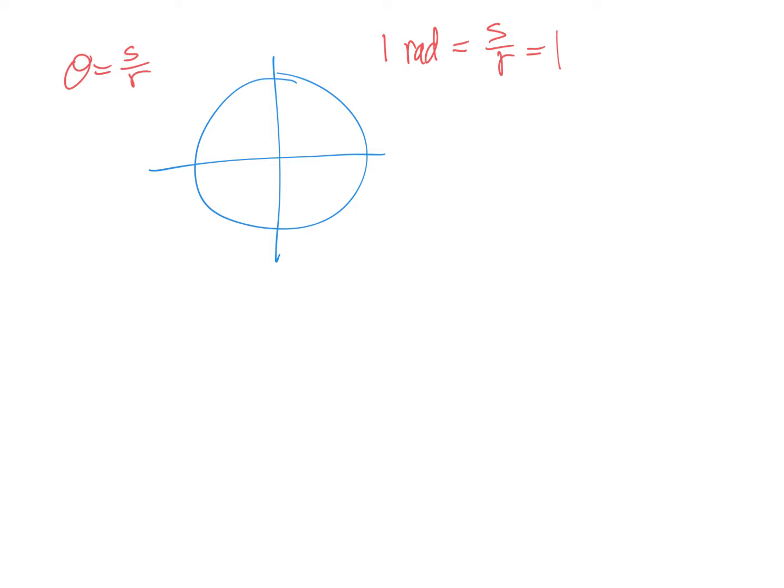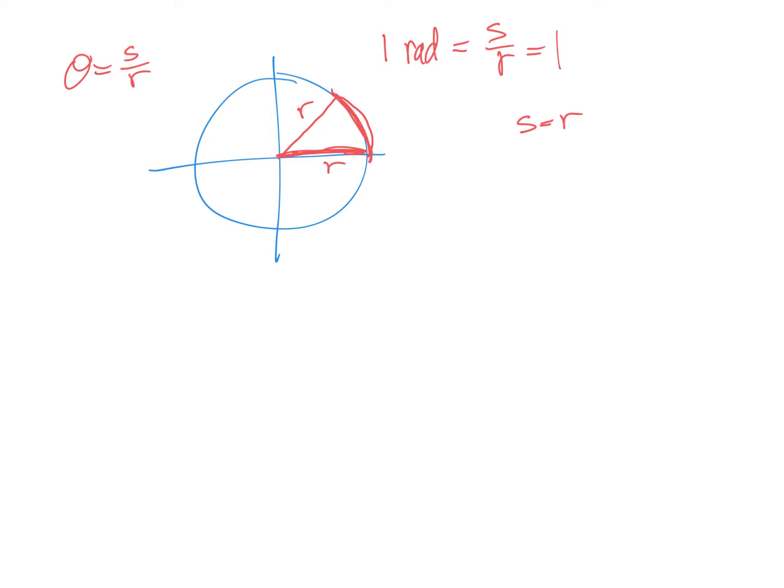So the arc length S should equal R. What that means is if we have a circle with radius R, 1 radian is about something like this. We take our radius, we don't erase it, we move it and lay it over this circle, and that should be about the same unit.